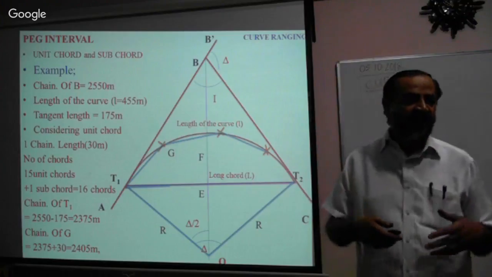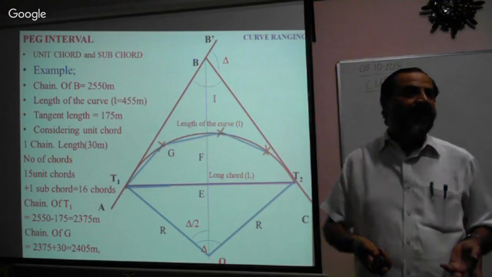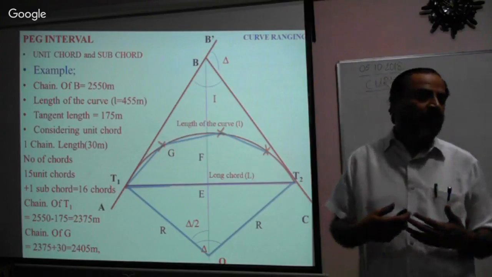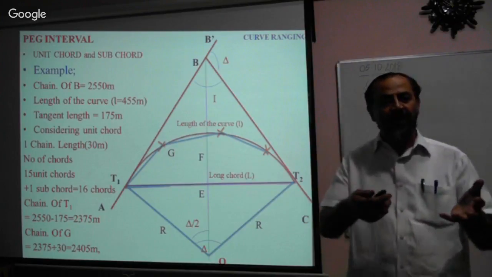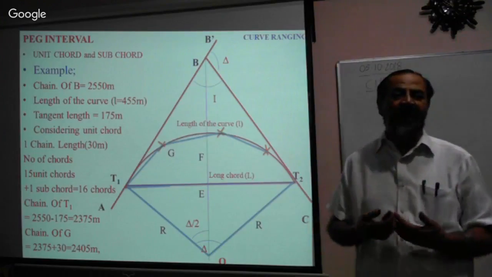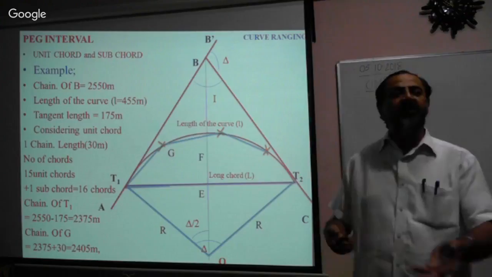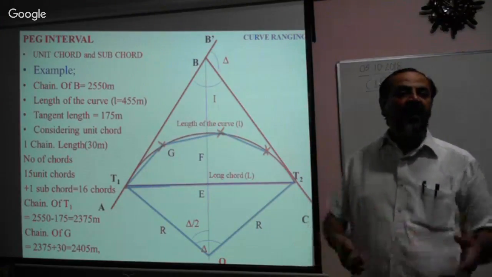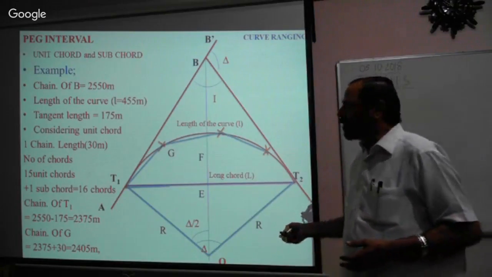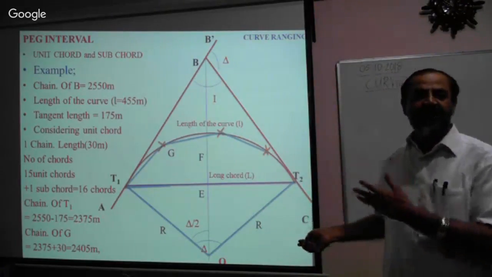Understood? These are the procedures we should follow before handling the curves. These are the data to be known. Sometimes we collect the preliminary data from the site and the field, then process it, and all these things should be prepared in the office. First do this job, first understand all these things.